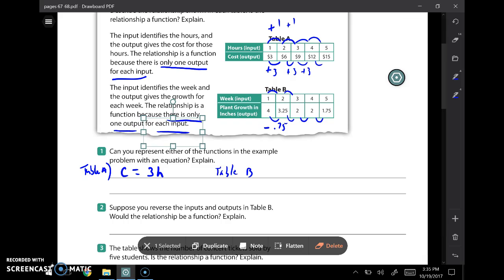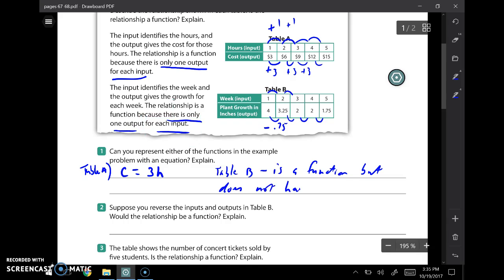So although this table B is a function, it does not have a constant rate of change. So I cannot write it as an equation.